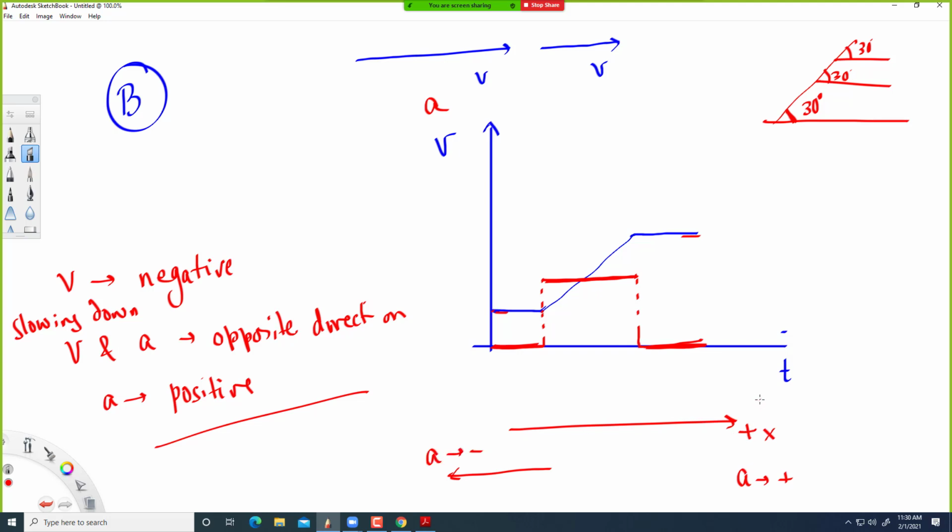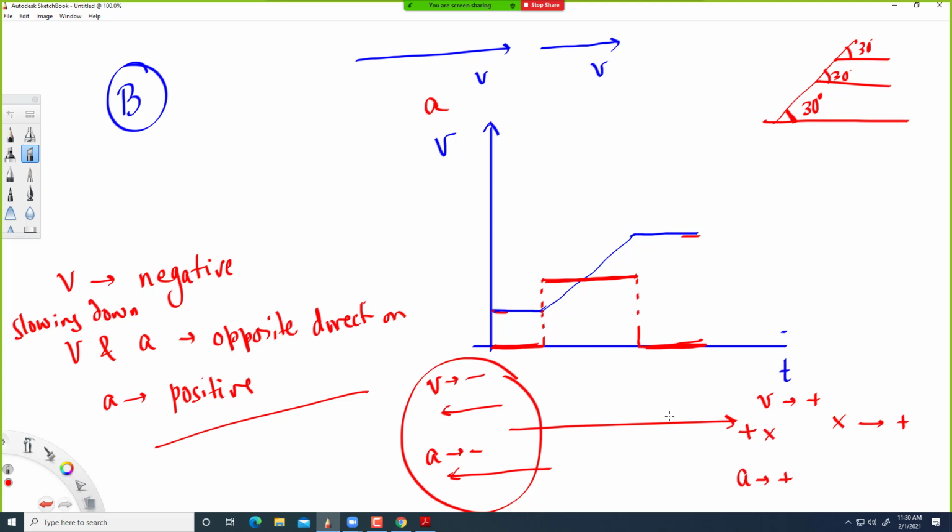If you are moving to the right, your velocity is positive and your displacement is positive. If you are moving to the left, your displacement and your velocity would be negative. So negative means pointing to the left, and positive means pointing to the right.